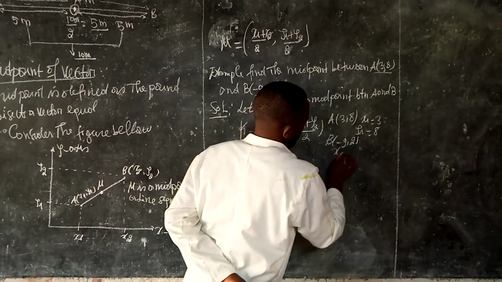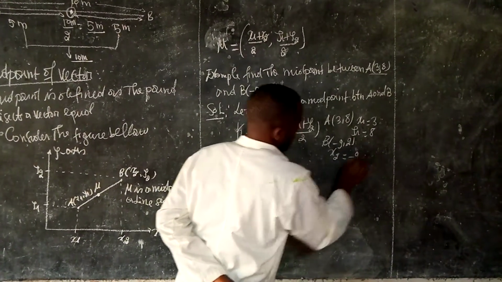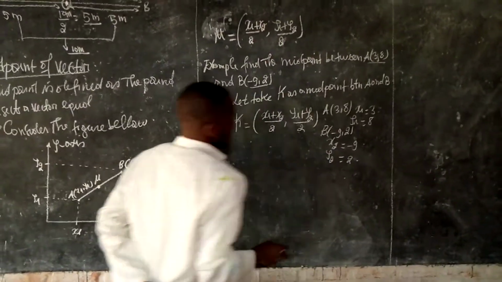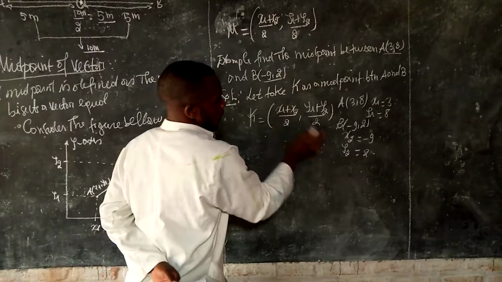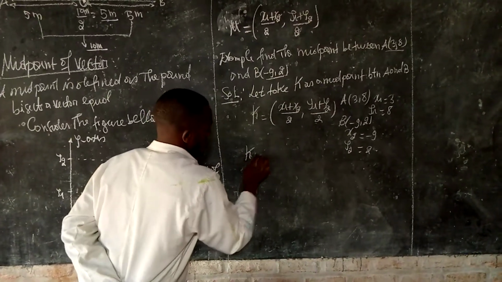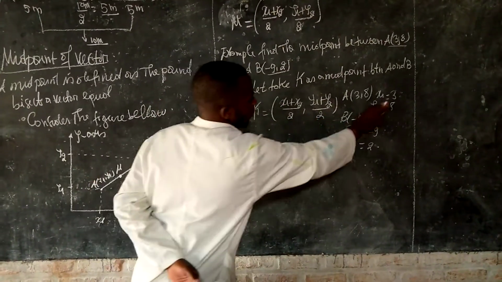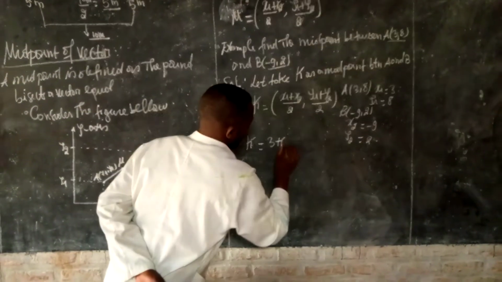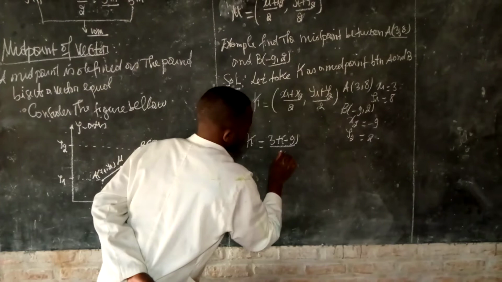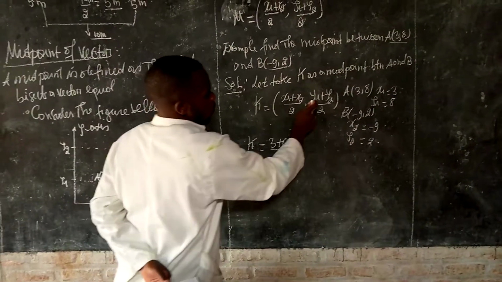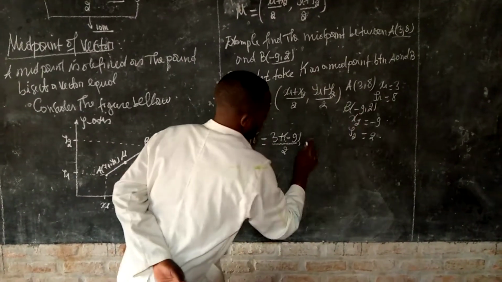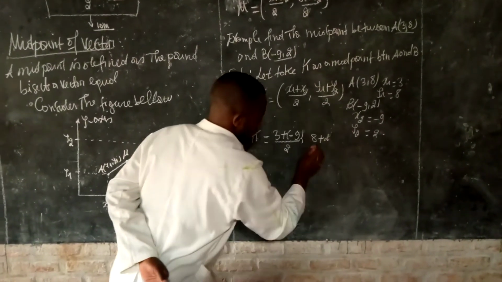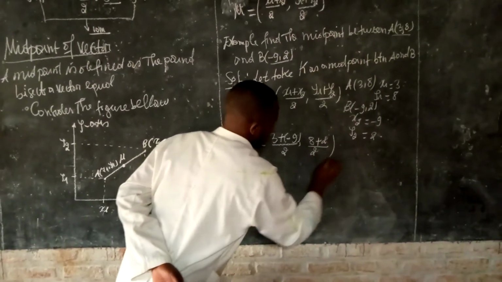So x2 is equal to -9 and y2 is equal to 2. Now, replace each variable by its value: x1 which is 3 plus x2 which is -9, over 2, comma, y1 which is 8 plus y2 which is 2, over 2.